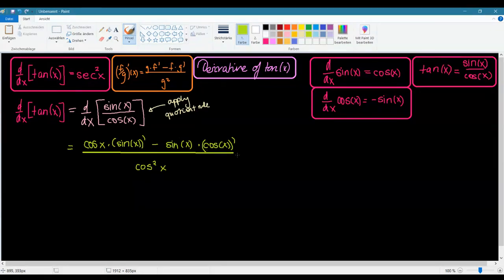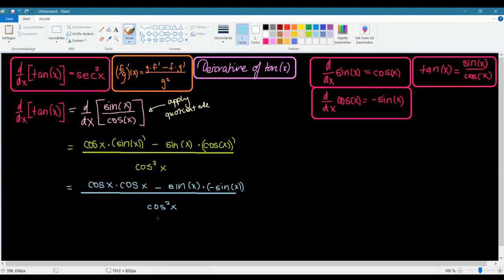Well, we know what both of those are because we have them up here. So we know that we are just going to get cosine x times cosine x, so that's cosine x times cosine x, minus sine x times negative sine x over cosine x squared.